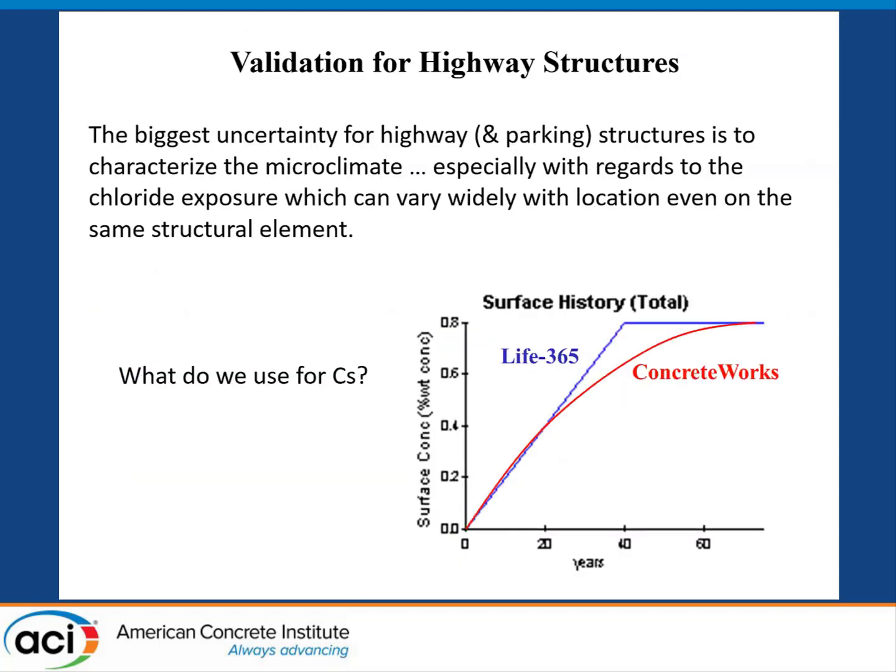So this is just another emphasis on where we need more work. Our biggest uncertainty for highway and parking structures is to characterize the microclimate, especially with regards to the chloride exposure, which can vary widely within location, even on the same structural element. So the big question for predictive models for highway structures is, what do we use for Cs?